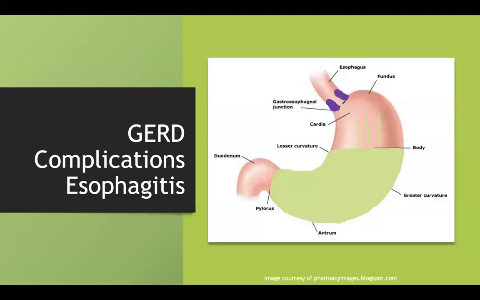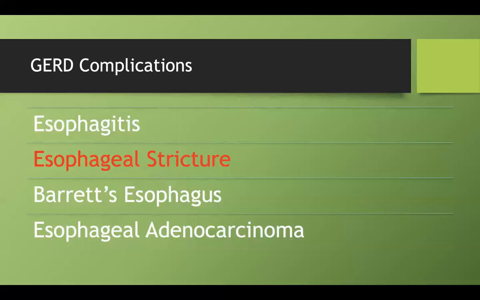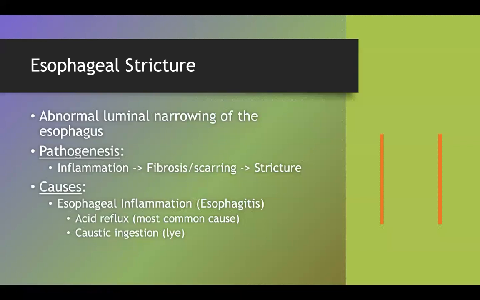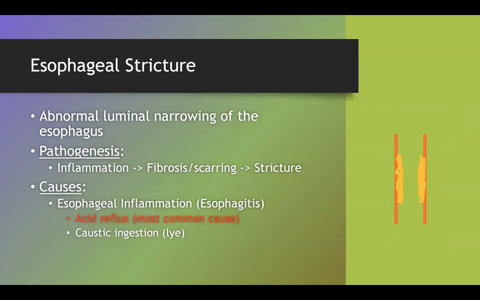The acid in your stomach coming up and all that acid in your esophagus will cause inflammation, and that's actually the most common cause of esophagitis. For esophageal stricture, which we talked about in the upper esophageal conditions, if you have inflammation, you can get fibrosis eventually, and that can cause luminal narrowing. Acid reflux is our most common cause of esophageal stricture, which makes sense because they're both related to esophagitis in the first place.